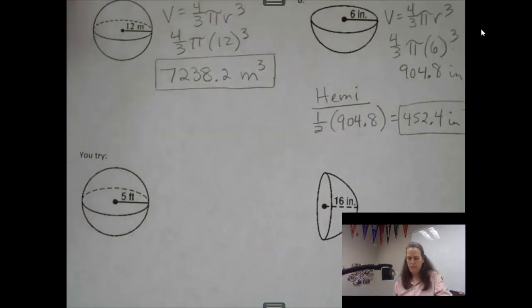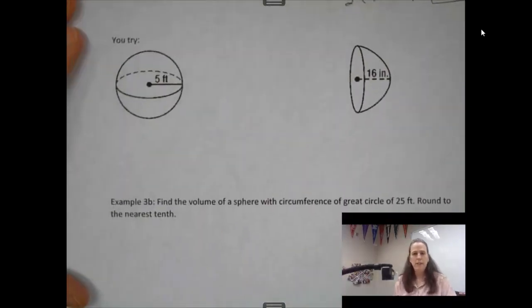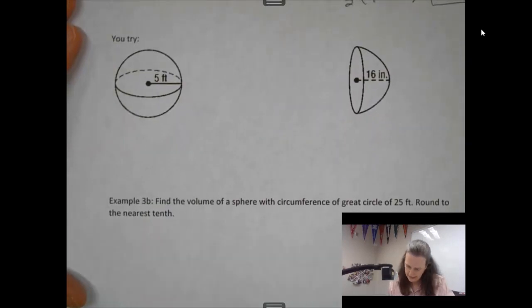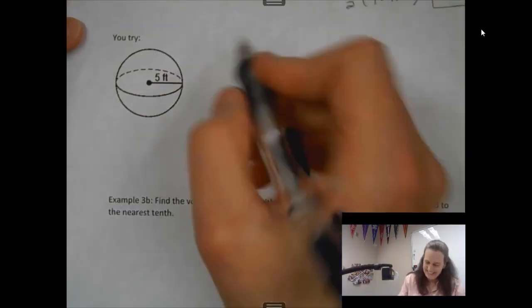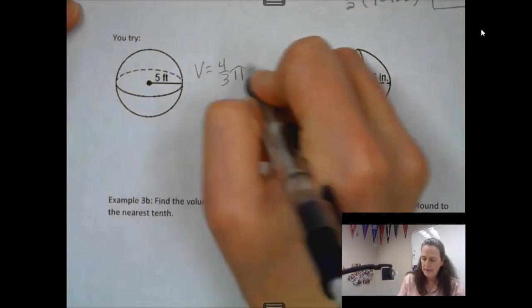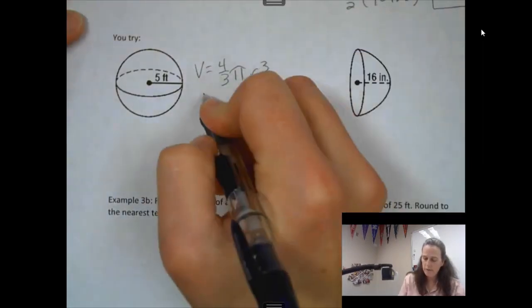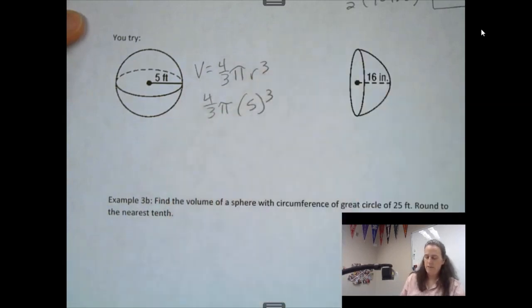All right, so we've got one of each for you to try. One sphere, one hemisphere. It looks like no diameters, so you don't need to worry about that for a little bit. Okay, pause your video and try those. All right, let's see. Volume, 4/3 pi r cubed, which is 5 cubed this time.